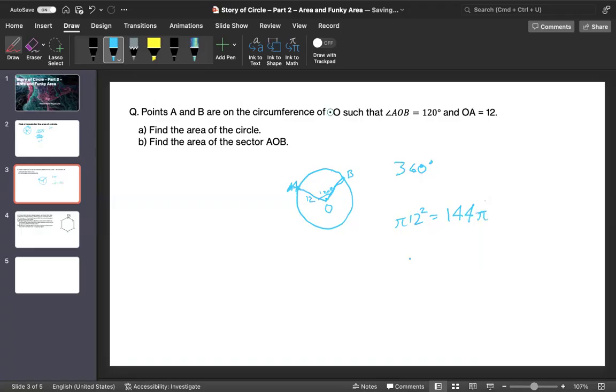Now to find the area of the sector AOB: 120 is 1/3 of 360, which gives us that the area of sector AOB must be 1/3 of the area of the full circle, which we know is 144 pi. So we divide 144 pi by 3, which gives us 48 pi. There we go.